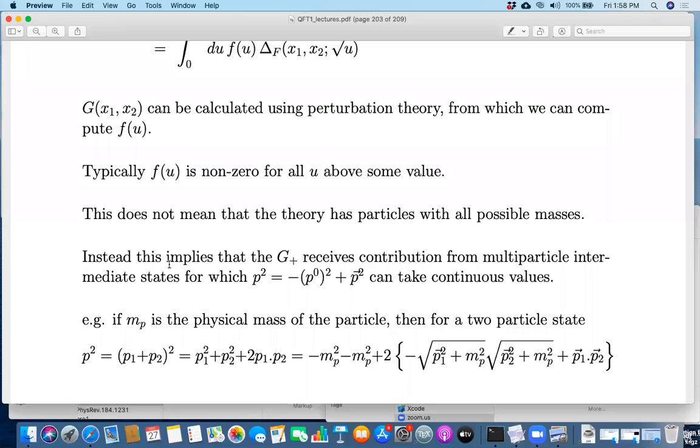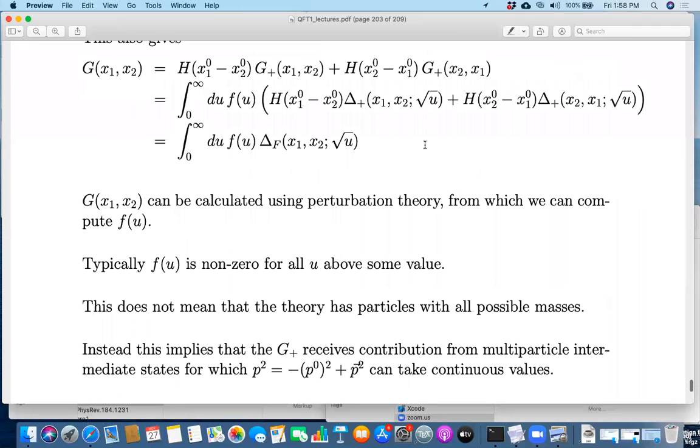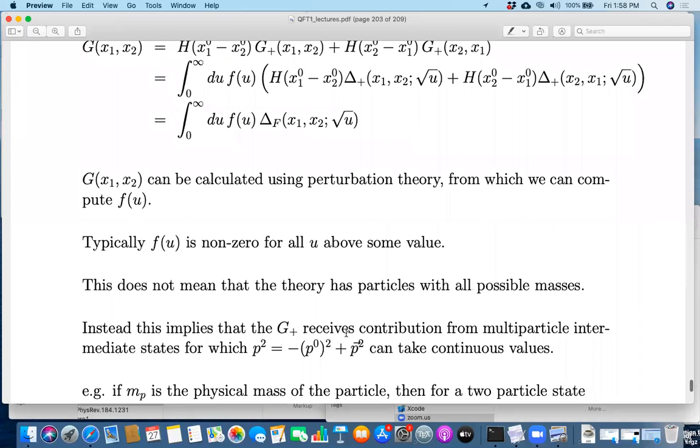But what it really implies is that this G plus, which was more fundamental in some sense, involves the sum over states in the middle, the sum over n. So what this is saying is that G plus actually receives contribution not just from single particle states, but also from multi-particle intermediate states.